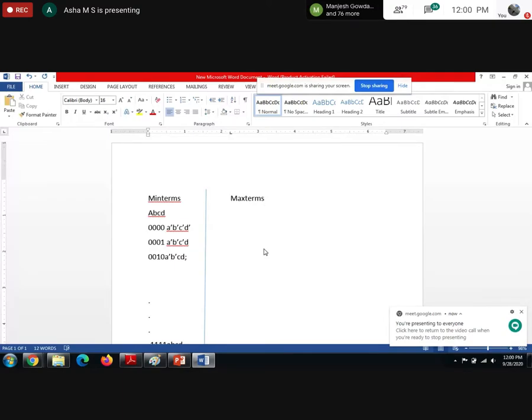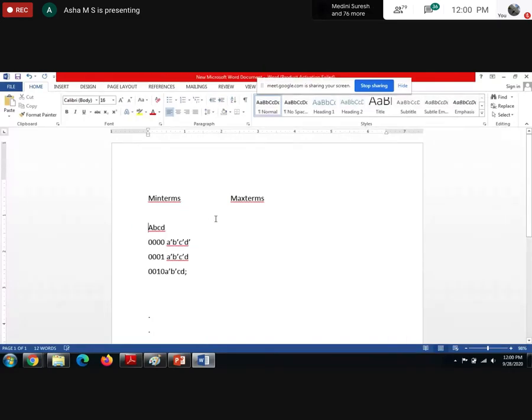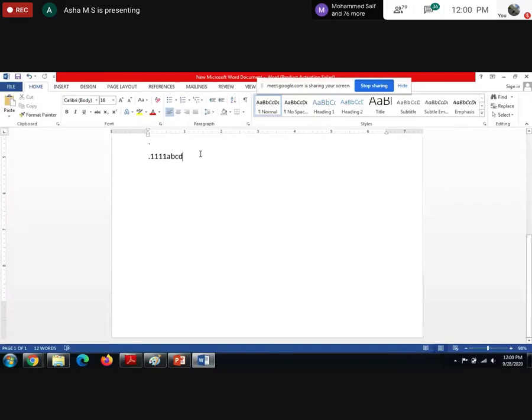This is also represented by A, B, C, D. Then 0000 is represented by, as someone told, the complement of SOP. Yes, it's correct. So how to write the complement of this? There we used to write A bar, correct, right? Now it is A plus B plus C plus D.